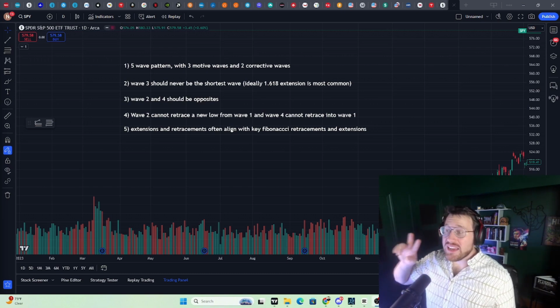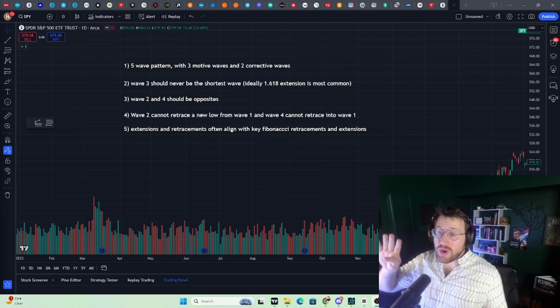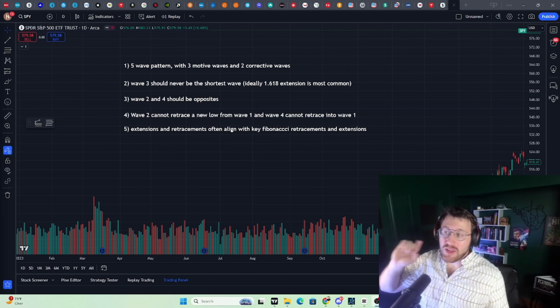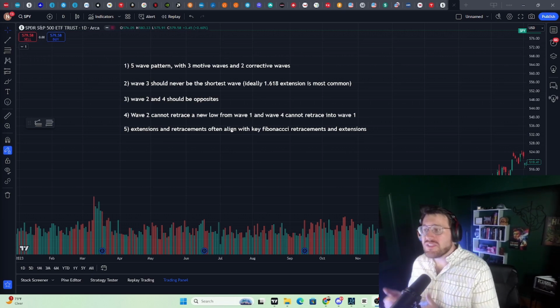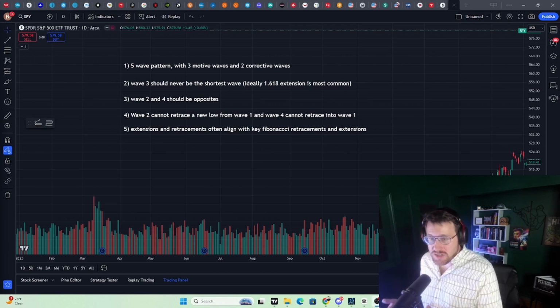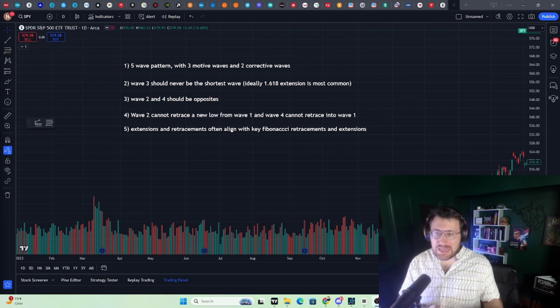Wave 2 cannot retrace beyond the start of wave 1, and wave 4 cannot retrace into wave 1, okay? Extensions and retracements often align with key Fibonacci retracements and extensions. So the Fibonacci levels are going to be key for identifying where the waves will end up, right?